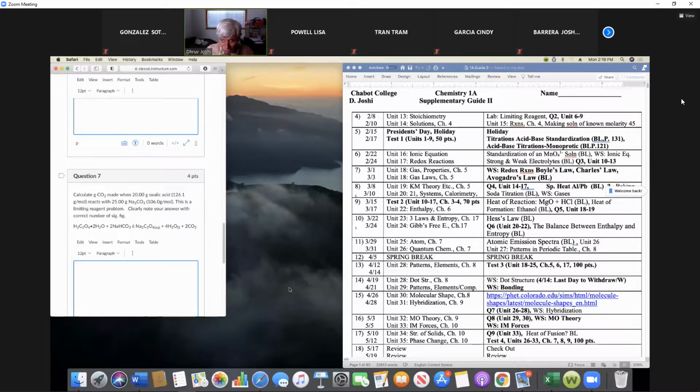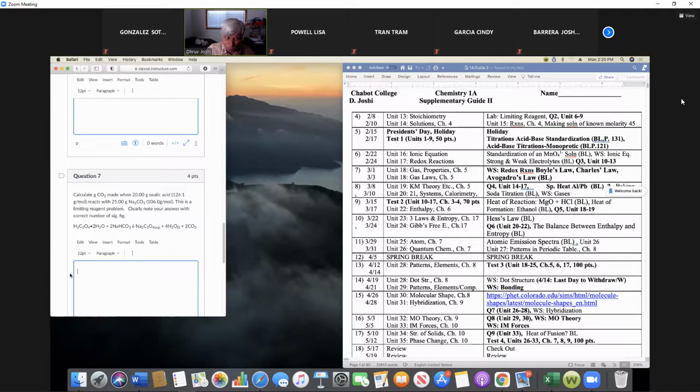Like this, I had to write down, you cannot compare oranges with apples. You compare moles of sodium carbonate with moles of this oxalic acid. You can't do that.